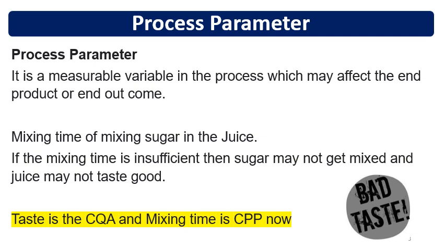Then process parameter. A process parameter is a variable of the process which you can measure, and the variability of that process parameter will affect the end product or end outcome.